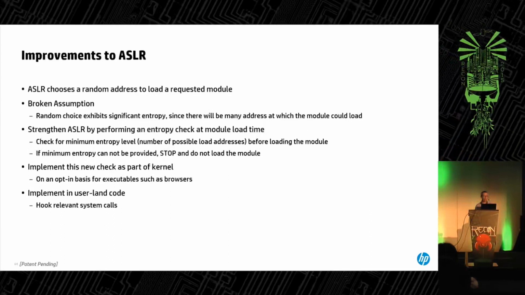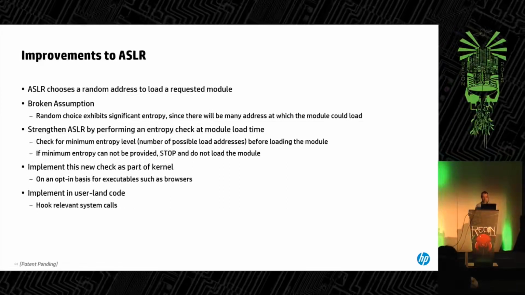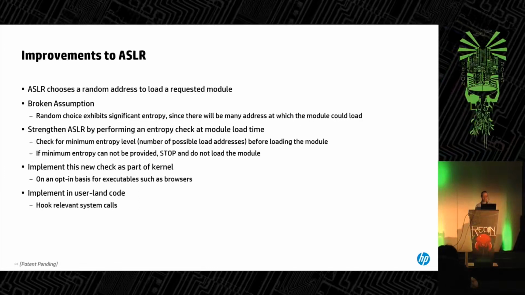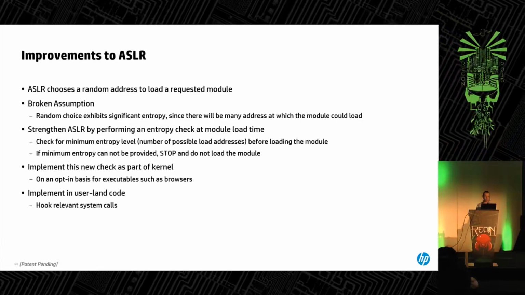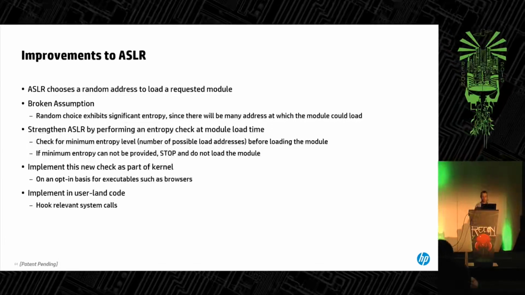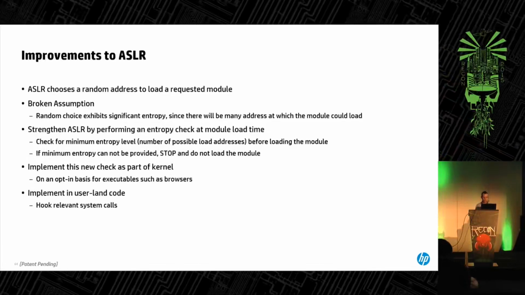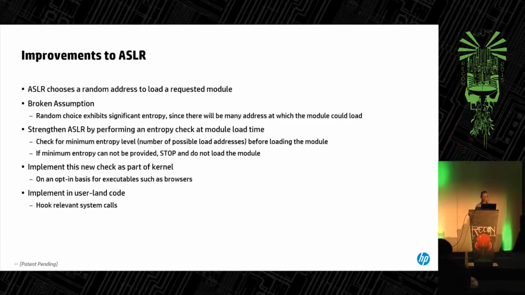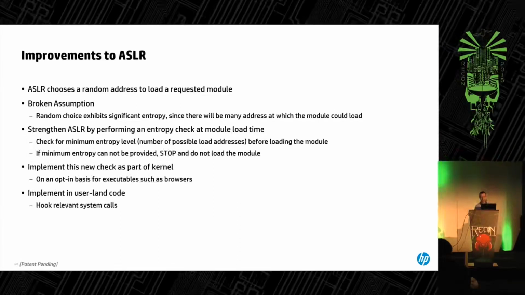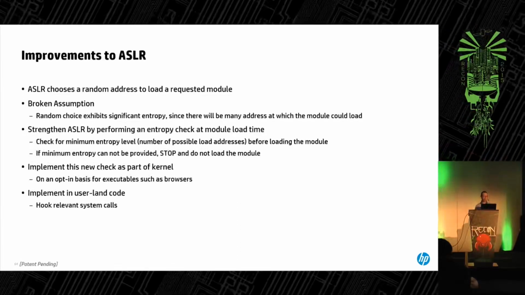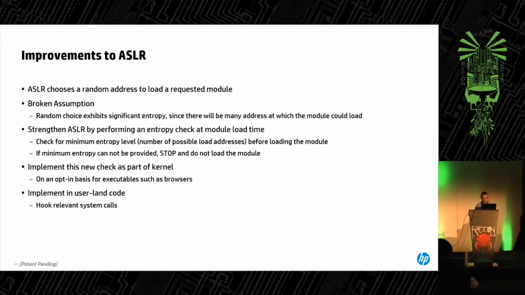Our recommendation is to enhance ASLR by adding an additional check before loading a module. This check is to ensure that there really do exist a multiplicity of addresses at which the requested module could load before actually performing the random selection of a load address. If the number of possible load addresses is below a certain threshold, the module load should fail, since loading the module under this circumstance could significantly weaken the security of the entire process.